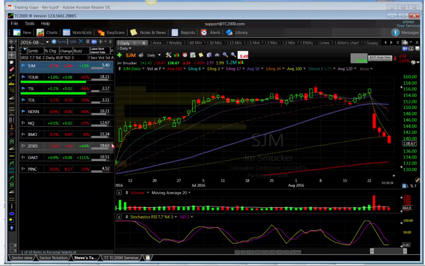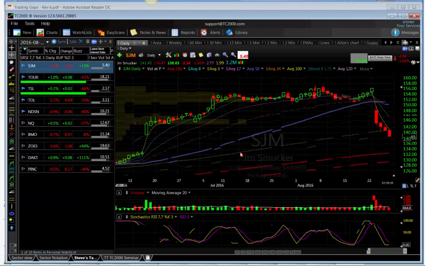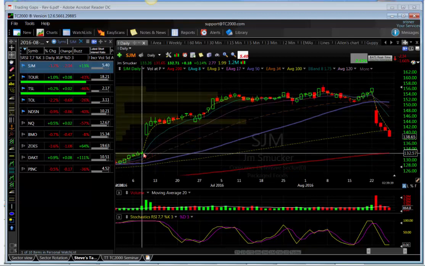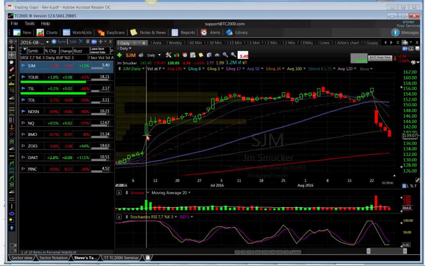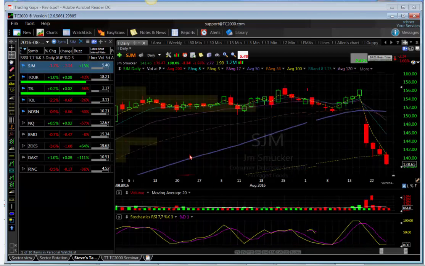It got down to this level right here, and we may or may not be done. We're getting so close to this 200-day moving average, it's acting as a magnet. But what's really acting as a magnet is we're in the gap now. If we don't turn around, we're below this 139 level, and we're going to go to the 132 level, 32.5.